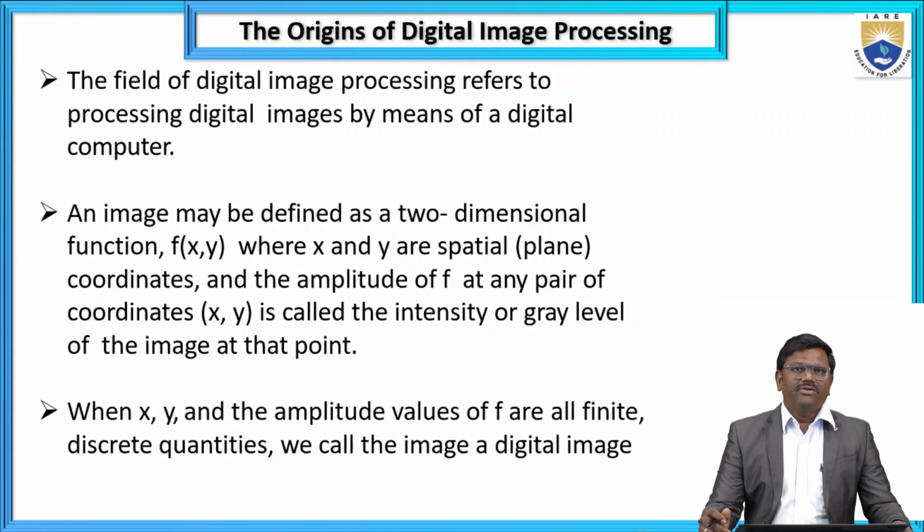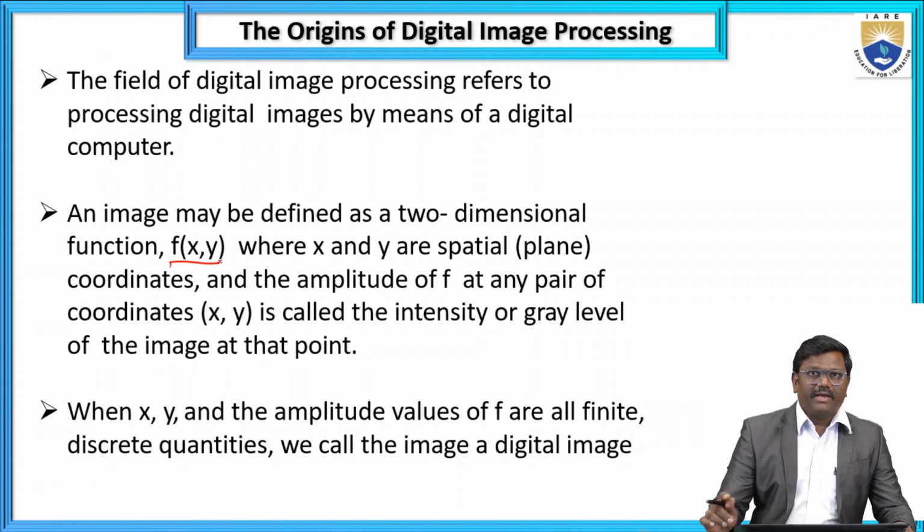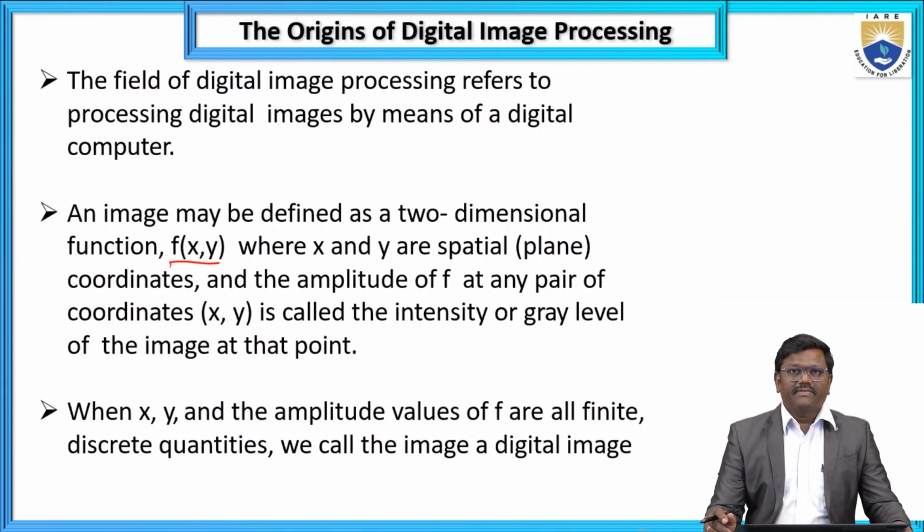An image may be defined as a two-dimensional function f of x comma y, where x and y are spatial, that is plane coordinates, and the amplitude of f at any pair of coordinates x comma y is called the intensity or gray level of the image at that point.